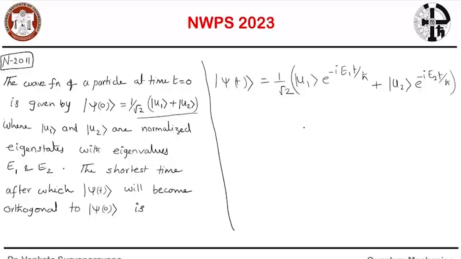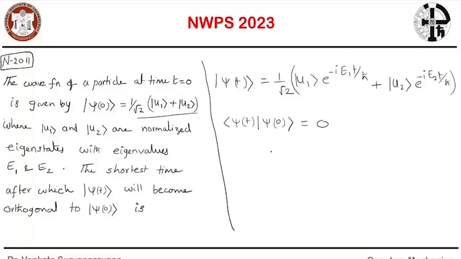Now, the question is, at what shortest time does psi of t become orthogonal to psi of 0? Orthogonal means the inner product between psi of t and psi of 0 is 0. When does that happen?